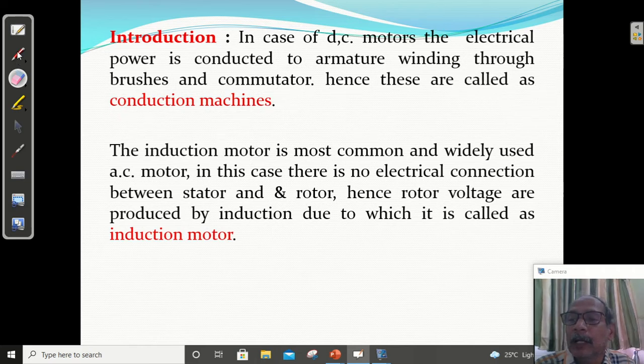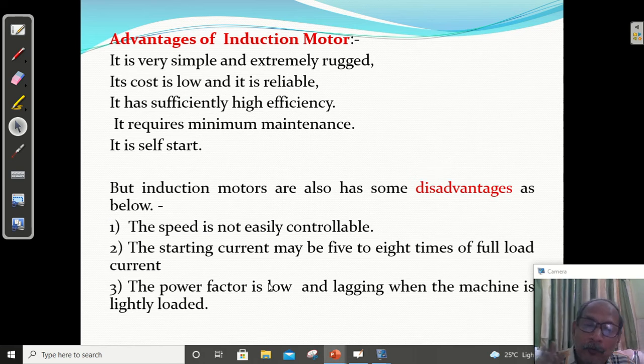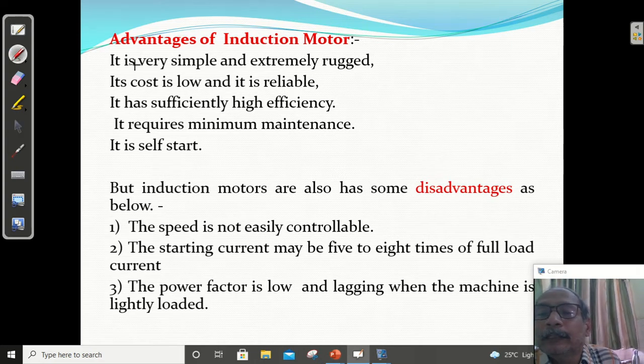Next I am going to discuss the construction part. Before the construction, I want to discuss the advantages of induction motor. What are the advantages? The induction motor is very simple and extremely rugged.